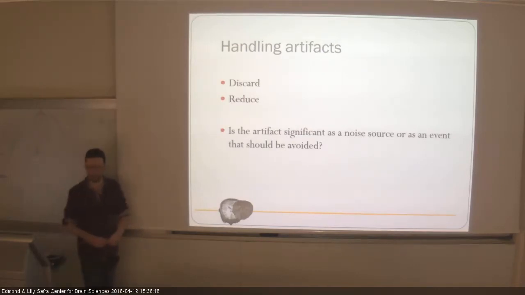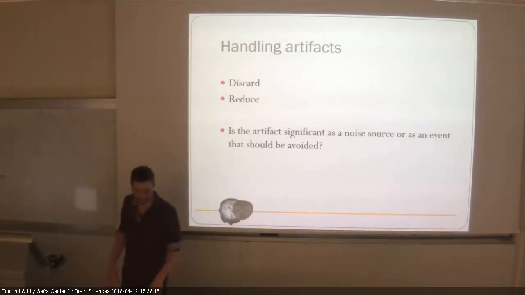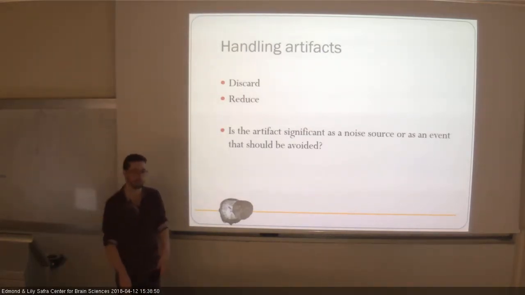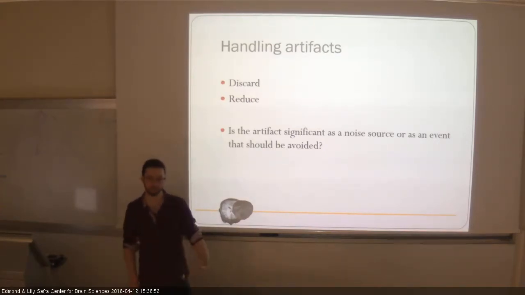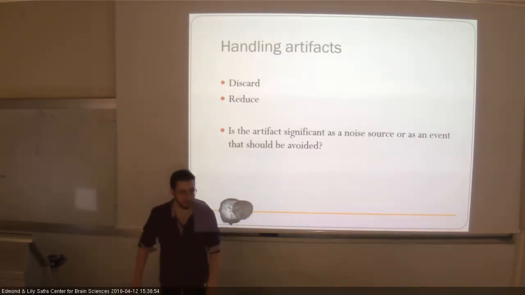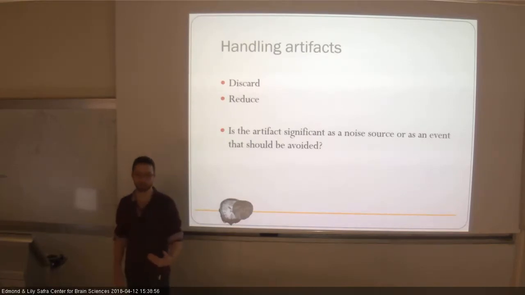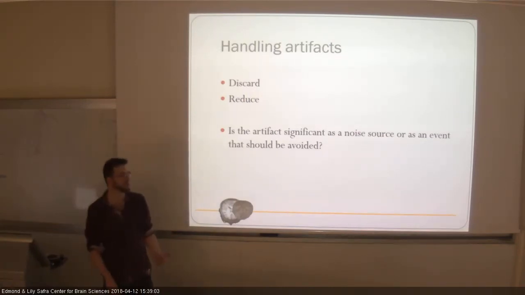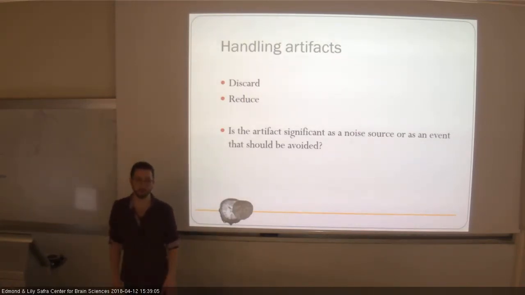One question is: is this artifact meaningful only in the sense that it introduces noise to my signal, or is it an artifact also in the sense that it's an actual event that does not need to be included in my data? An example of that would be a blink that happens when your stimulus is presented.